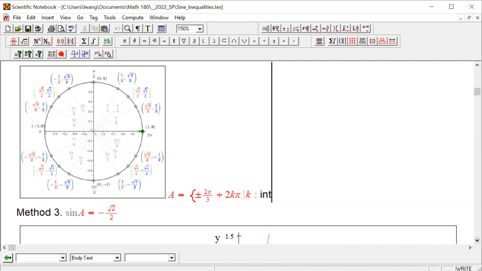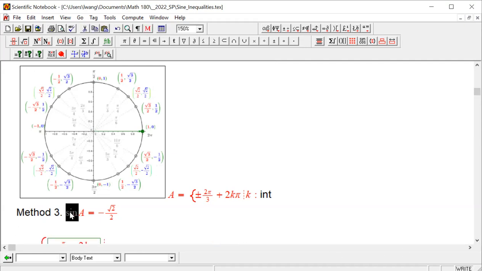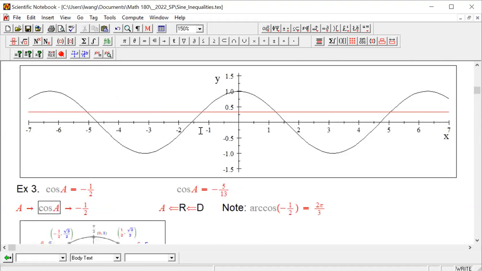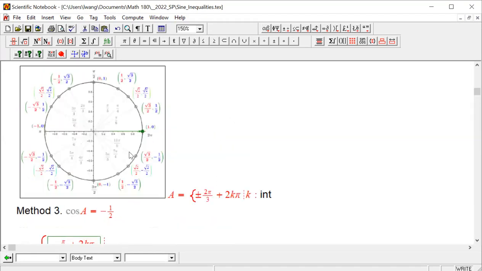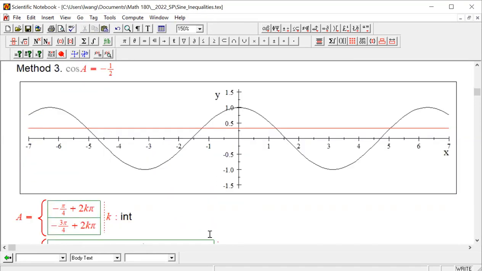Let's do the third method. I'm going to remove this picture because we're doing cosine, and this is negative half. I'm just going to borrow my other picture. I'm going to draw a vertical line and a horizontal line.